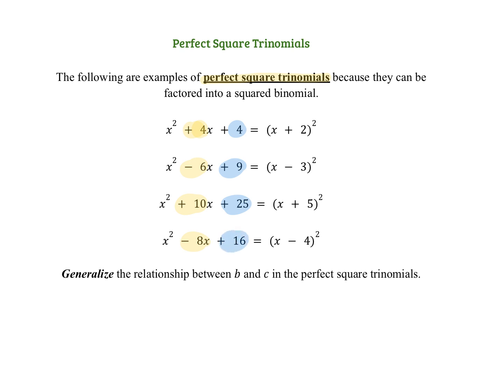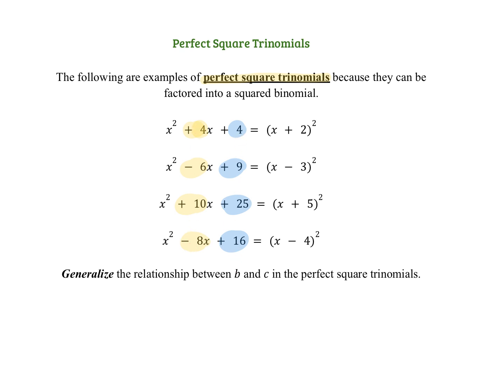One thing you might notice is that all of the c values are positive. And then hopefully you're looking for a relationship between those two numbers. Well, the c's are all perfect squares. This is 2 squared, this is 3 squared, this is 5 squared, and this is 4 squared. And all of those numbers are actually half of your b value.